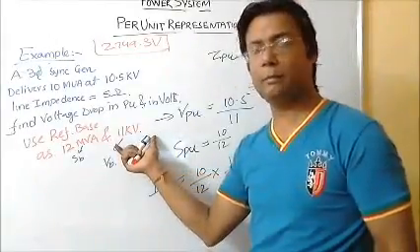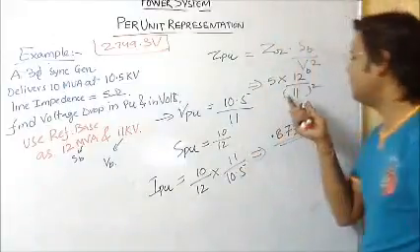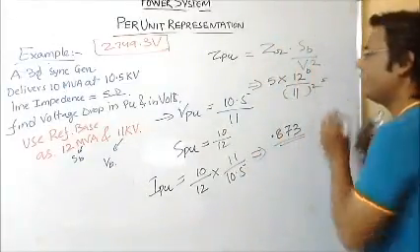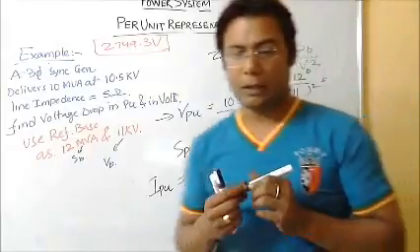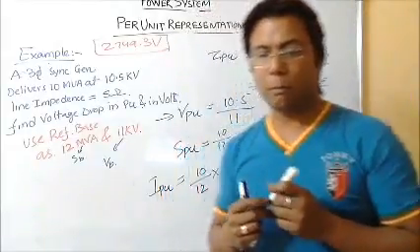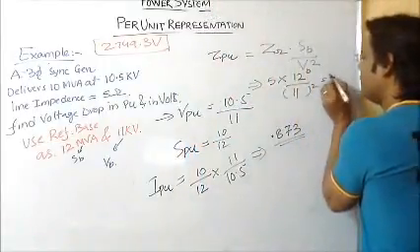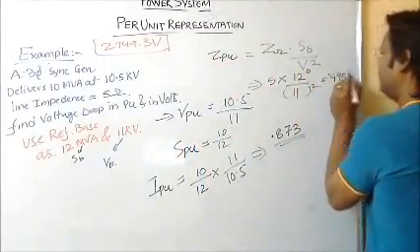This is the base value which we will be choosing, 12 and 11. So this would be coming as approximately 0.4958.